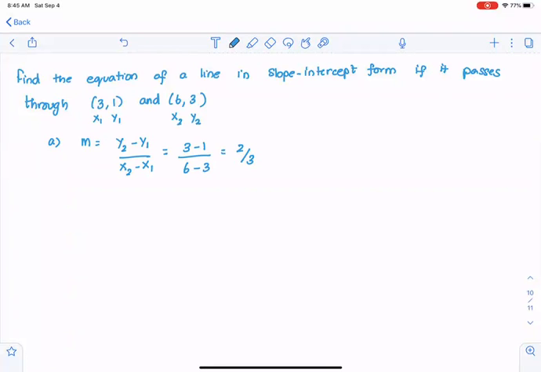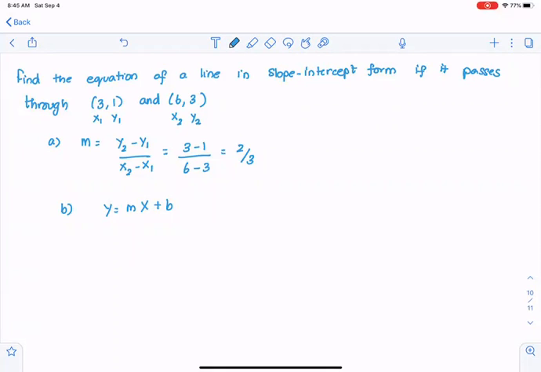Once we find the slope, the second step is to use the slope in this equation and pick one of the 2 points. It really doesn't matter whether you pick 3, 1 or 6, 3. I tend to pick the one that feels easy to me.